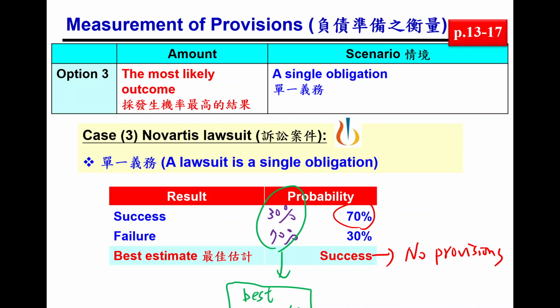The lawsuit, right? So your best estimate is you will lose the lawsuit. Then what's next? You have to record. Okay, I have a provision. So you win or you lose. That's it. Choose your most likely outcome. This is your most likely outcome, 70%. So you think you lose it.